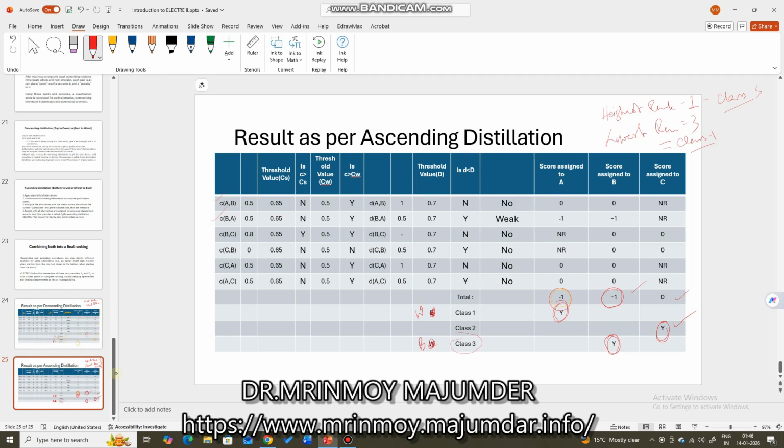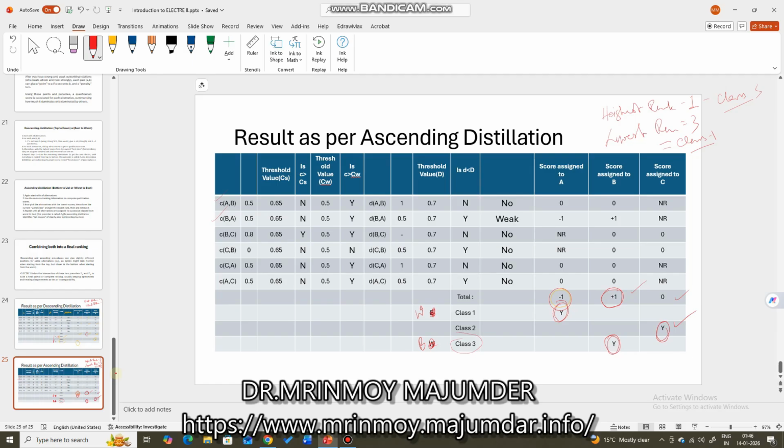So it cannot outrank the alternative which gets the best class for descending and worst class for ascending. So it cannot outrank that, and it can outrank that alternative which gets the worst class in descending and best class in ascending, right?